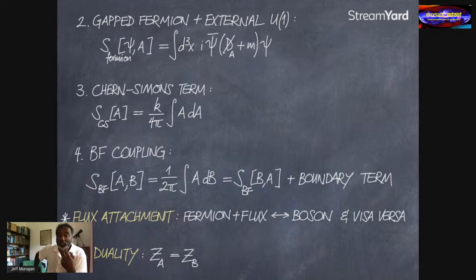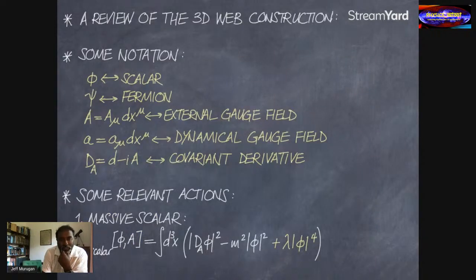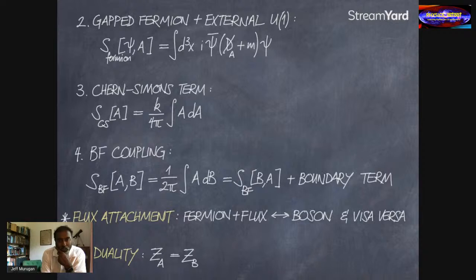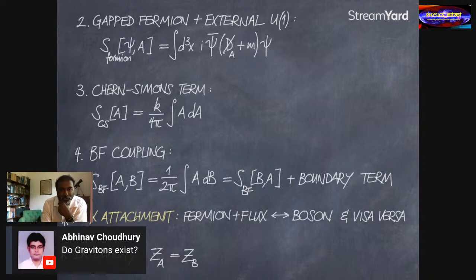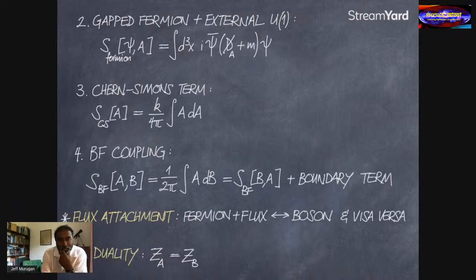These are forms in the differential geometry sense, which means that when I write down A, I really mean A mu dx mu, where dx mu is the basis for 1 forms in the theory, and A is then a 1 form. So if A is a 1 form, its exterior derivative is a 2 form, and so A wedge dA is a 3 form. And a 3 form gets integrated over a 3-dimensional space, or a 3-chain, and that gives me the integral.